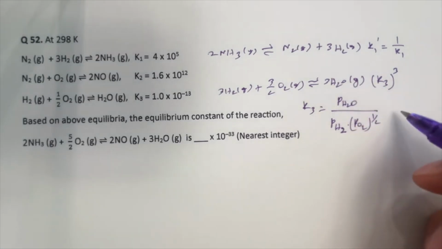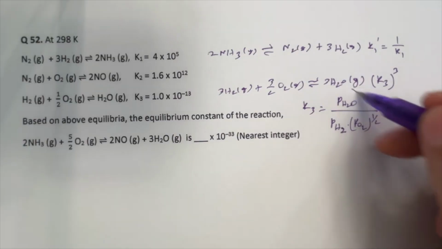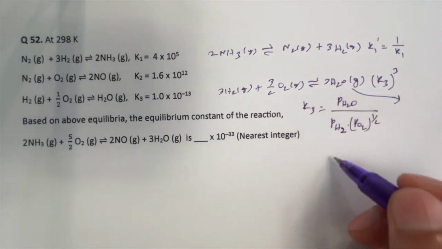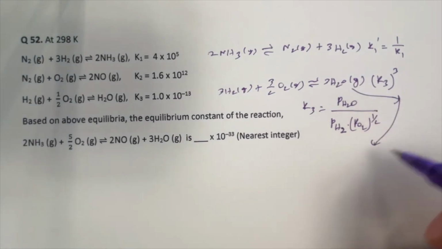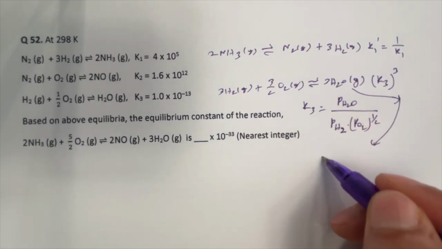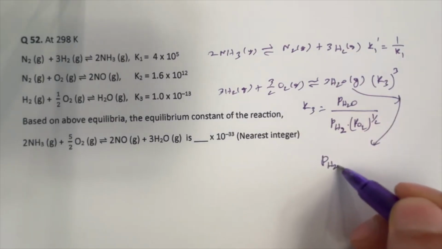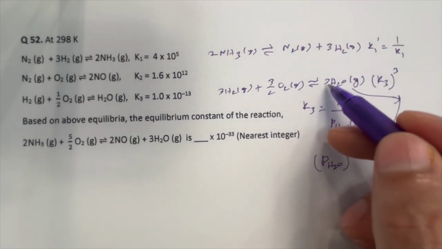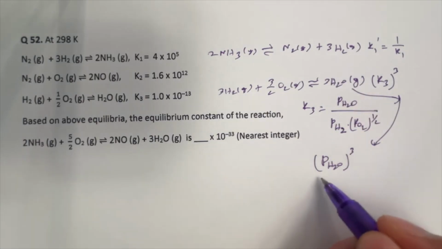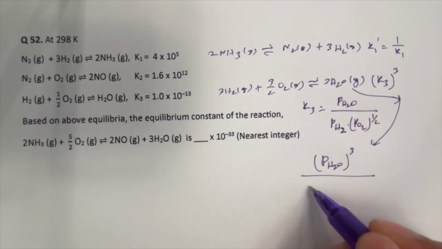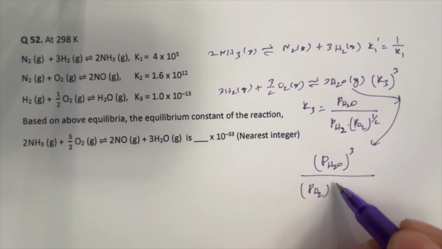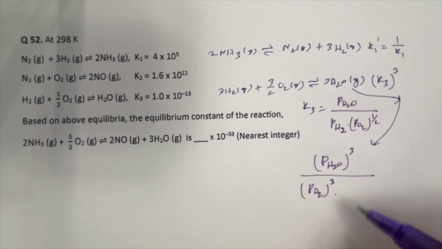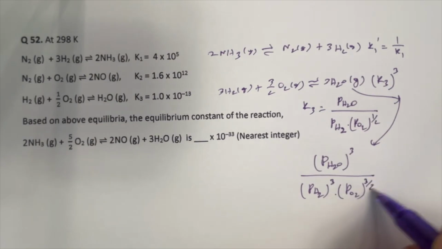For this, if you write the same expression, then it would be partial pressure of water to the whole power 3, because we have 3 as the stoichiometric coefficient, divided by partial pressure of H2 to the whole power 3 times partial pressure of O2 to the whole power 3 by 2.